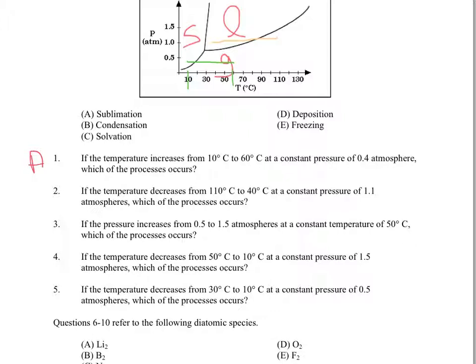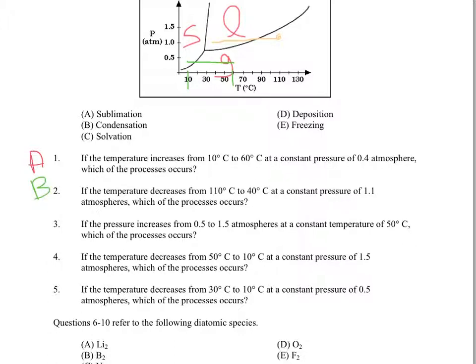What state did we start at? Started at a gas, because we started at 110 and went to 40. So we went from a gas to a liquid. What change is that? Gas to liquid? Condensation, very good. So that is going to be B.